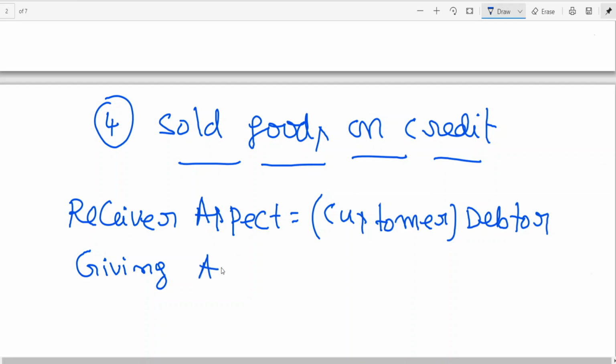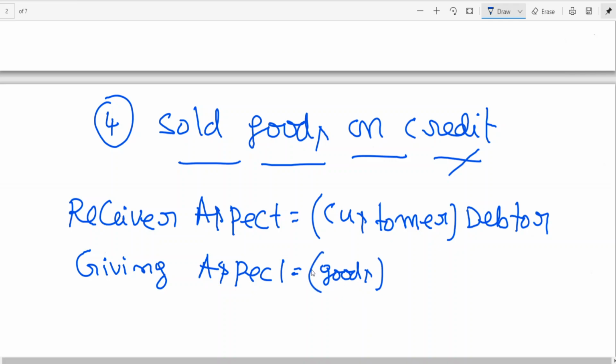So the giving aspect here is goods. And whenever you are selling, we need to use the word sales.